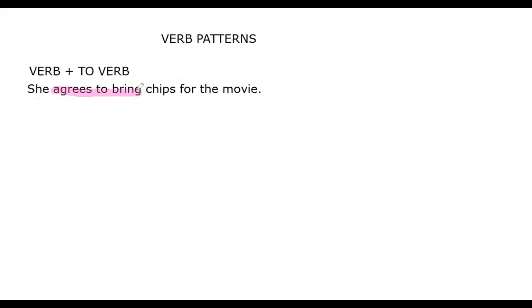Agrees to bring. This is my verb plus to verb. So always when you have this verb agree, agree is with to verb.